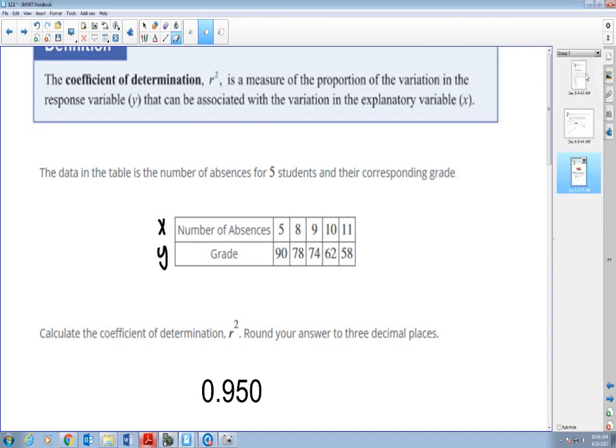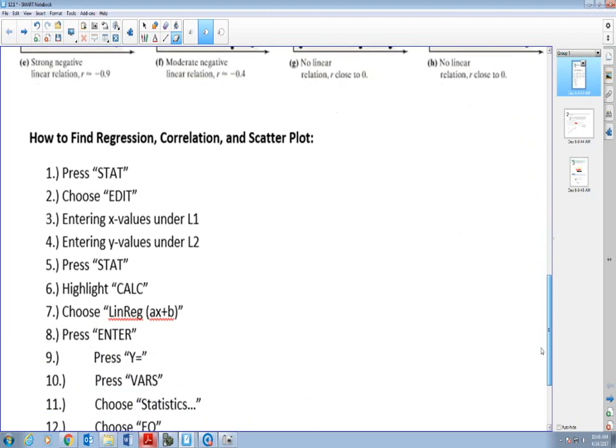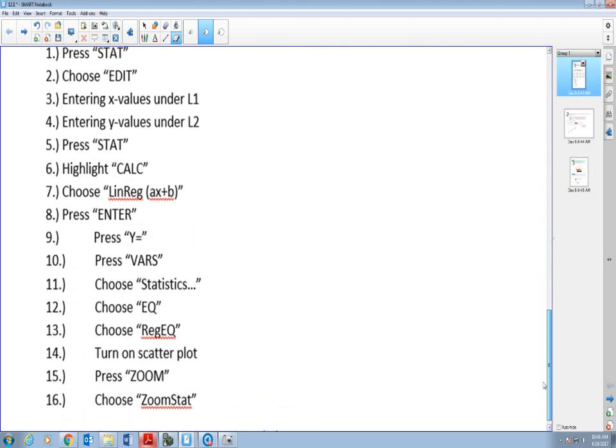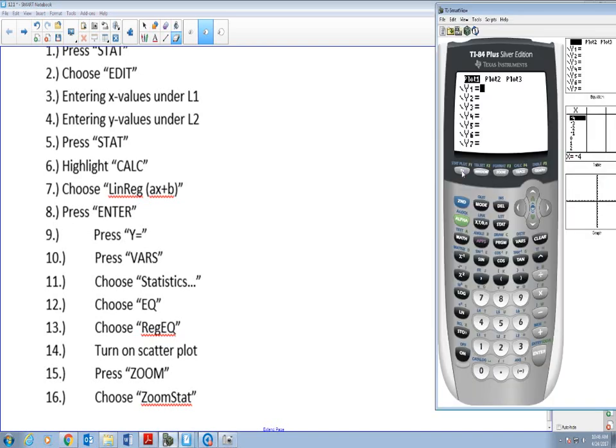So to draw the linear regression, if we go back to the beginning of 12.1, all these steps right here: press y equal, make sure these things are cleared out, press the word vars, choose number 5, statistics, highlight the word EQ, and choose number 1, regression equation.